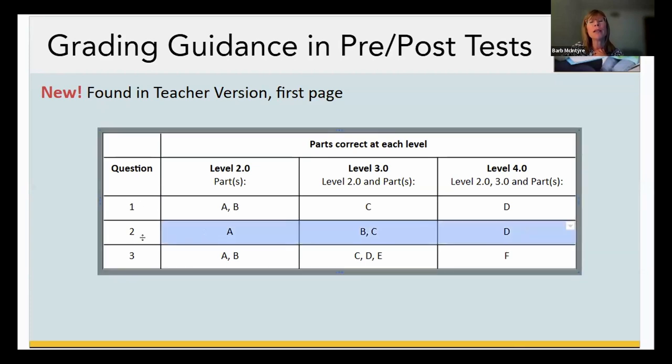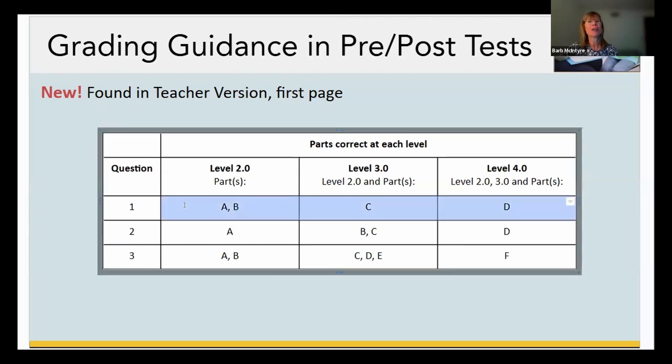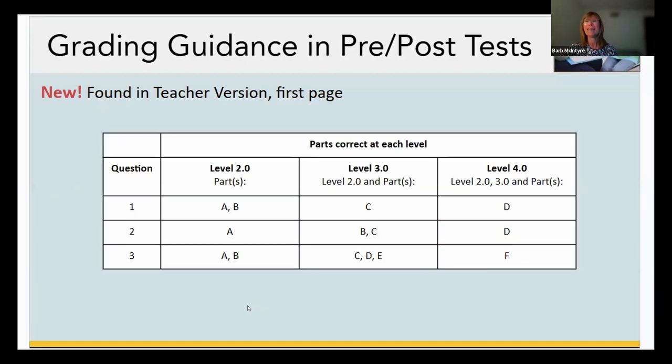You're going to have students complete 1 and 3, but you're going to let them choose which other one you grade. If you wanted to, you could use these to give 3 assessment grades and fill your grade book. So maybe you grade question 1 and they get an assessment grade for that, and you grade question 2 and they get an assessment grade for that, and you grade 3 and they get an assessment grade for that. Now you have 3 assessment grades in your grade book instead of 1.